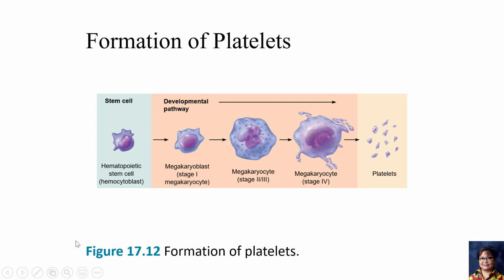Here's how it looks. You have your hemocytoblast, the great great old mama of all blood cells. The moment it receives thrombopoietin, it becomes a committed platelet, a megakaryocyte. A megakaryoblast is committed to become a platelet.